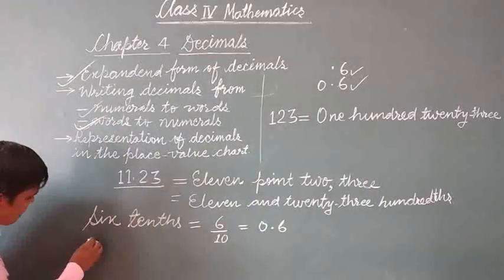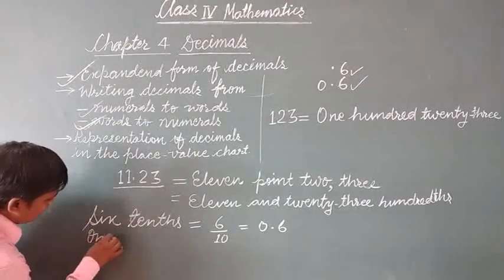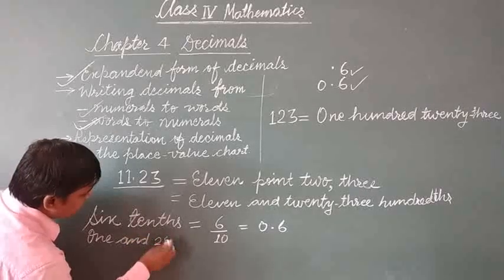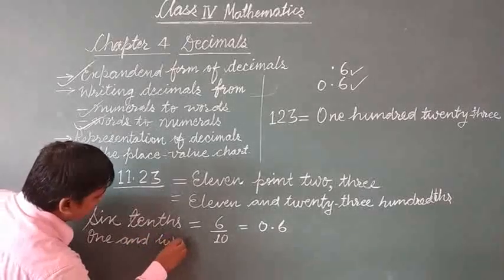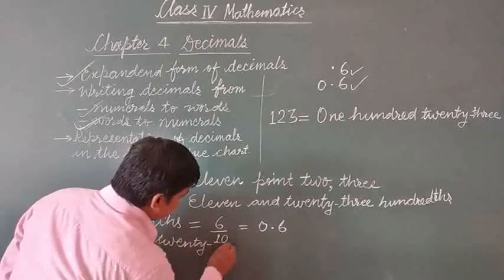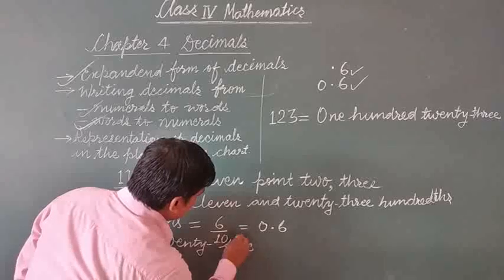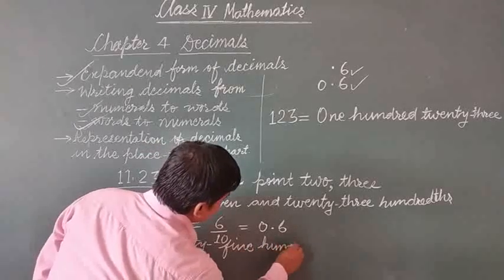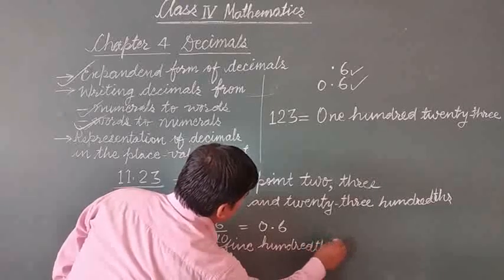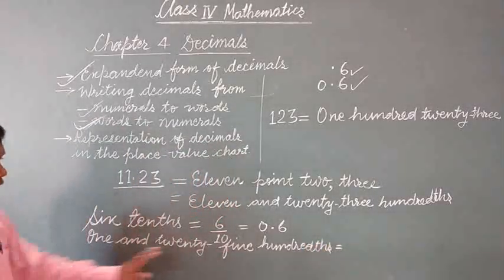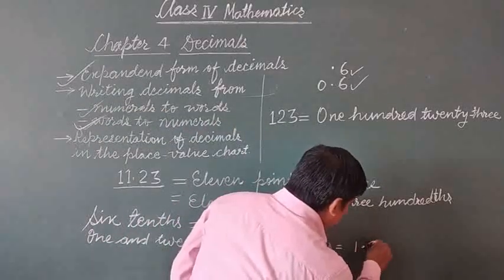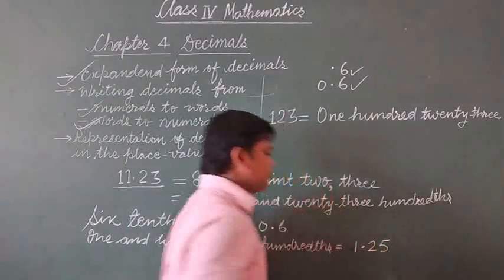Okay. So if 6 tenths is written, you can write this. If it is 1 and 25 hundredths, then you will write 1.25.